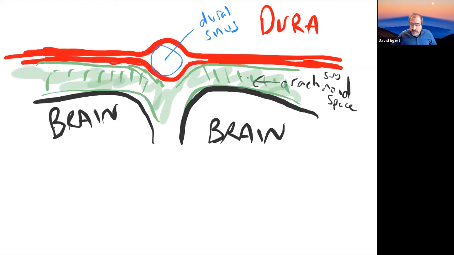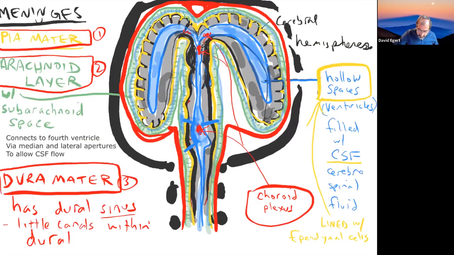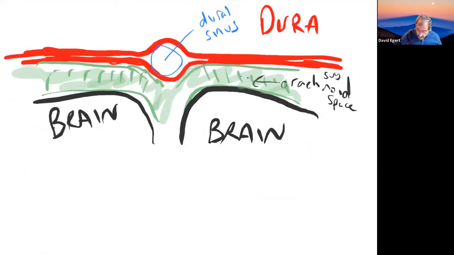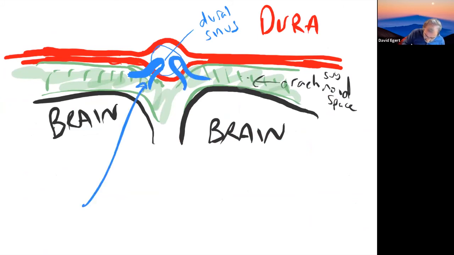Basically, I've taken this little spot right up here where we had the dural sinus, the Dura Mater, and the brain, and I've blown it up so you can see it in more detail. And what's going to happen is there are going to be these little things called arachnoid villi.